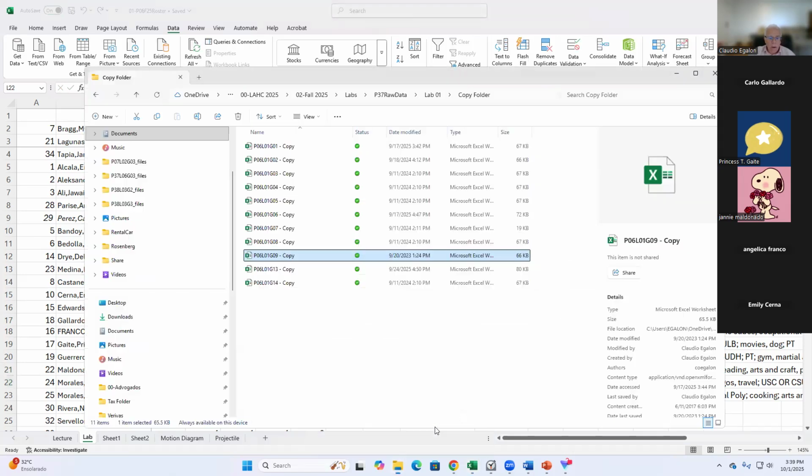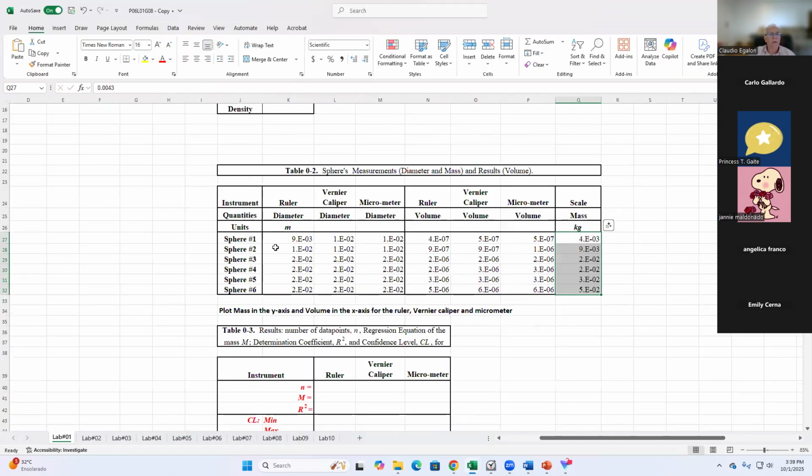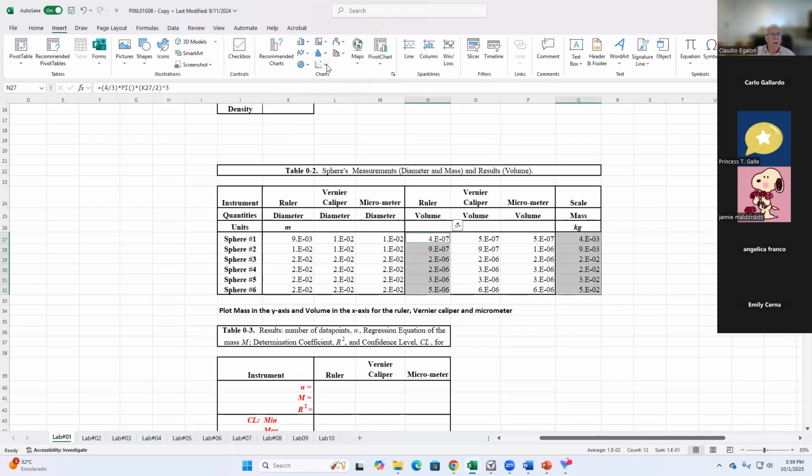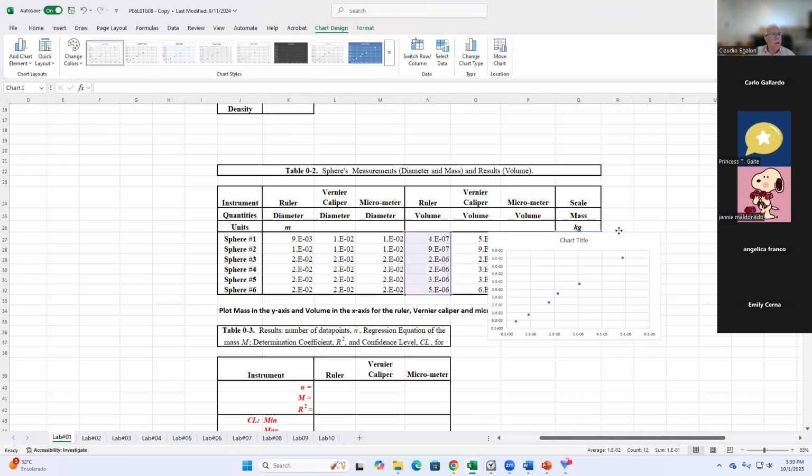Sometimes we do get those high values for the percentage difference. For the ruler, I would expect to get a high value, but 30% looks like a little bit too much. Let's see if maybe there is an outlier. That's group 8, right?